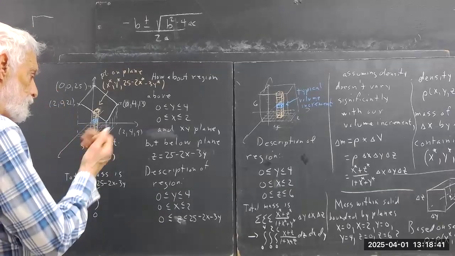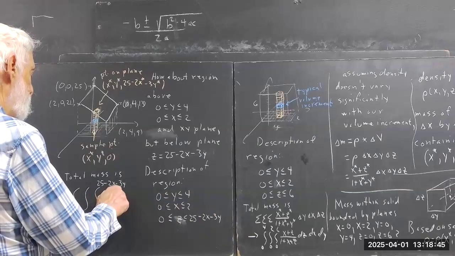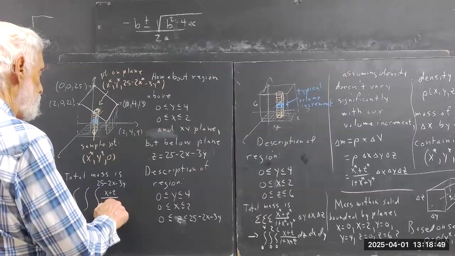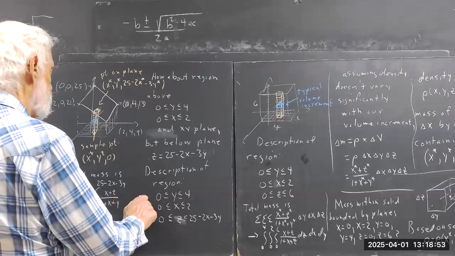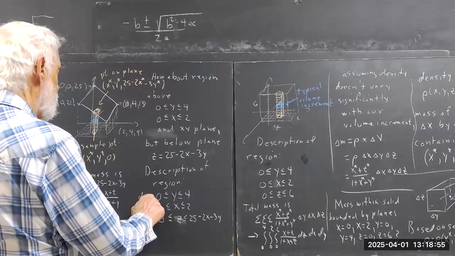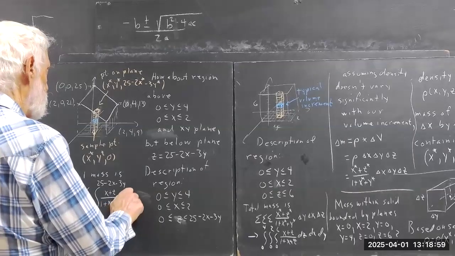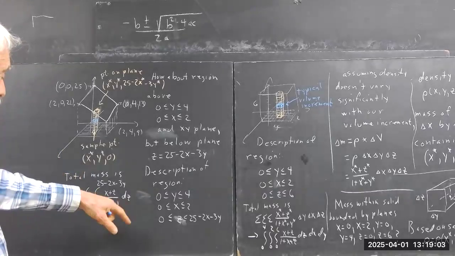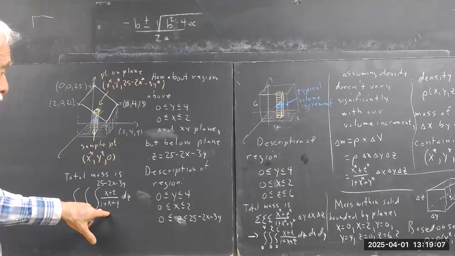So I'm going to use my same density function. My innermost integral is the first one I do, and it will be this.